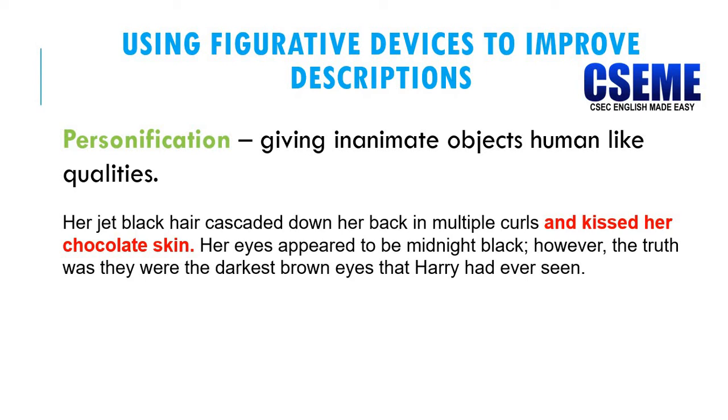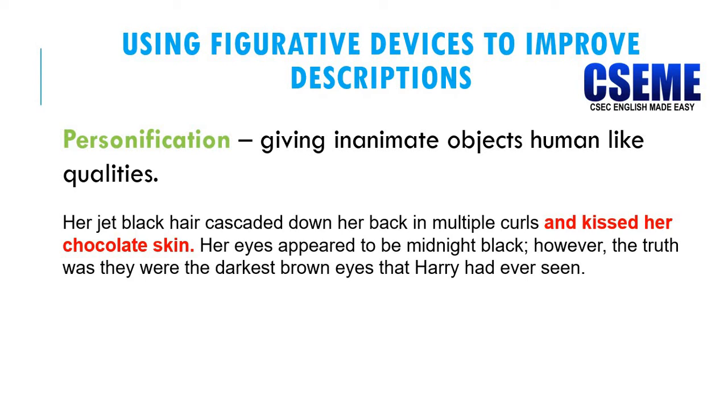Can your hair kiss you? If the writer uses the word kiss, what is the writer trying to imply? What is the writer trying to say about Mary Beth's hair? If you said that the writer is trying to say that her hair is touching her shoulder, you are correct.